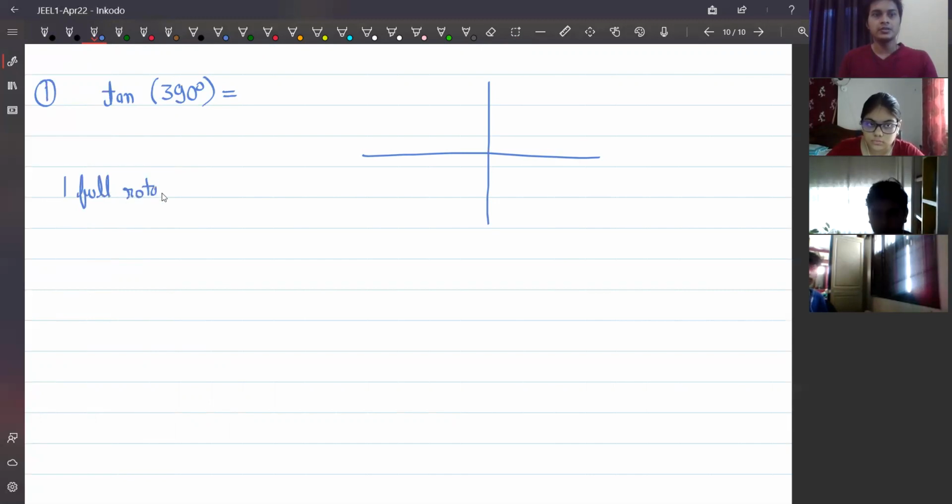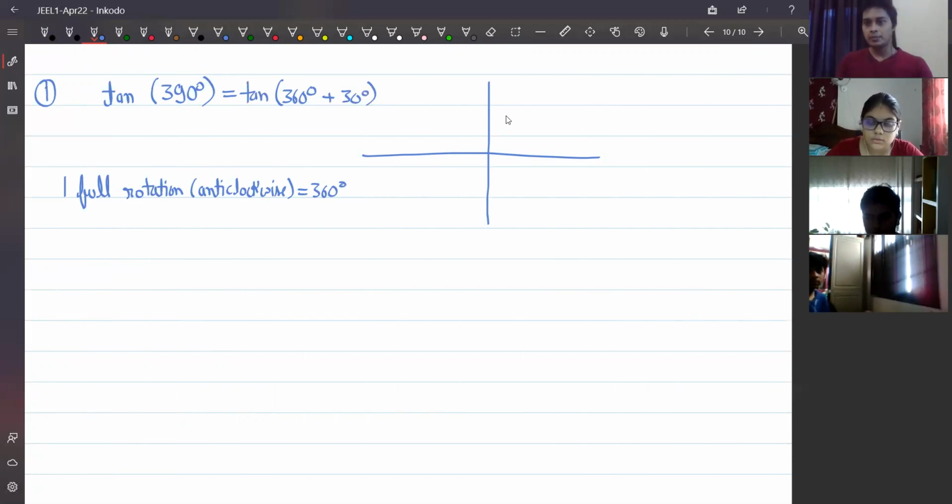One full rotation in the anti-clockwise direction is 360. So 390, you can write this as one full rotation plus 30 degree.